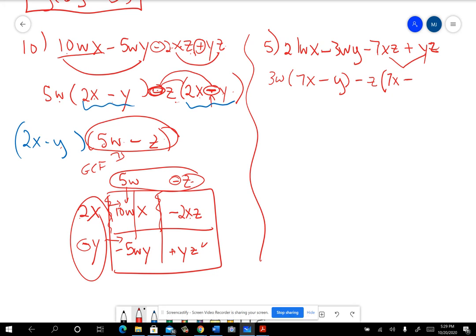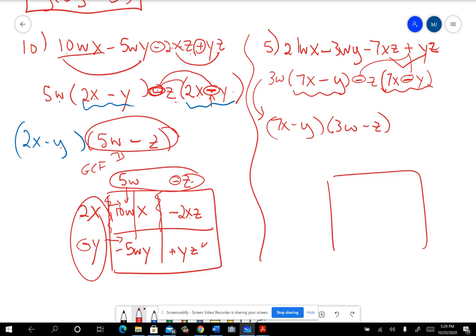Then notice this would need to be minus Y. So the negative times the negative would give you that positive right there. So now that's common, and you're going to pull that out in front. And what's left is 3W minus Z. And if that last step is where you get stuck or what bothers you, or if you just like it better, feel free to use the box, but I'm going to be way more careful this time.